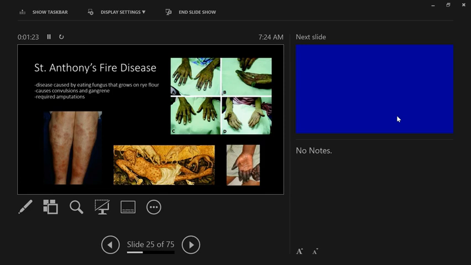So it has all these red spots on your skin. You can see in that photograph in the lower right that they have gangrene and their fingers are going to have to be amputated. So it is a very unpleasant disease.